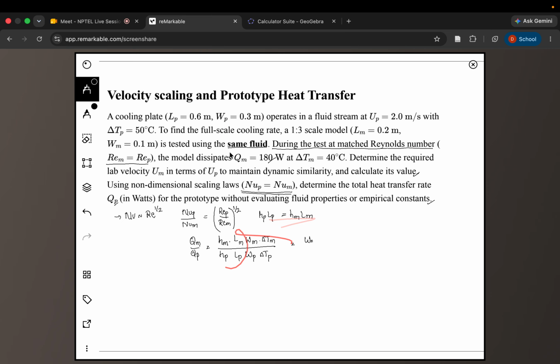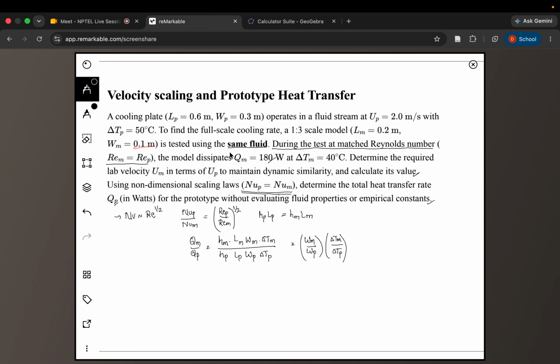So we'll have WM by WP times delta TM by delta TP. Delta TM is given as 40, delta TP is 50 Celsius, and WM by WP and WM are already given.